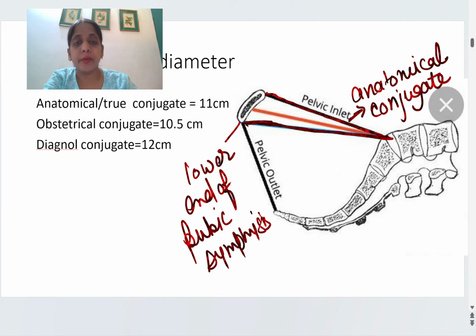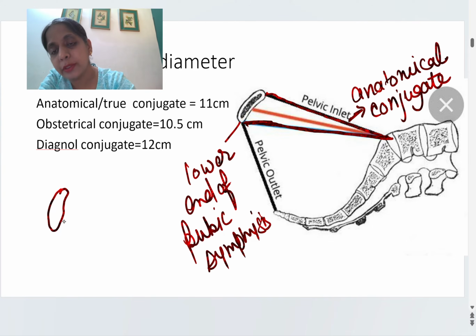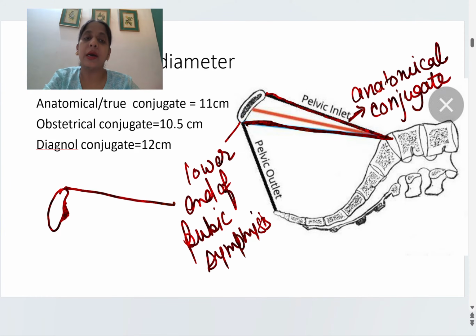Now see, this is the pubic symphysis bone. It is elevated from the mid part like this. So the diameter going from the upper part of the pubic symphysis to the sacral promontory is the anatomical or true conjugate, because that is what the anatomy of the pelvis has given us.